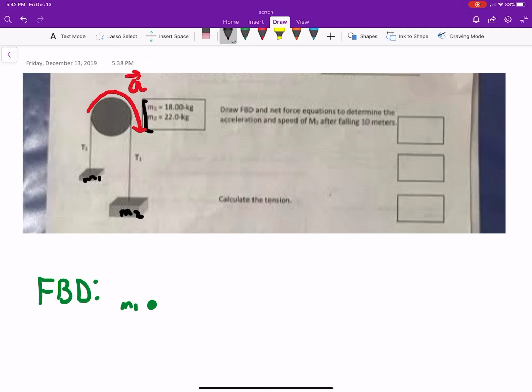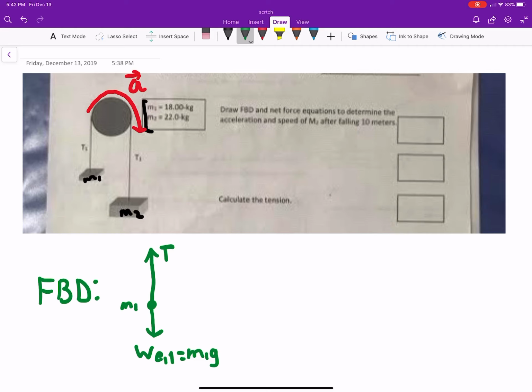So mass 1 is going to feel two forces. The first is the force due to gravity, exerted onto 1, which is just equal to m1g. And it's going to feel a tension force. Now, why is it feeling a tension force that looks much bigger in magnitude compared to gravity? Because there's acceleration. And because there's acceleration, we're going to have unbalanced forces.